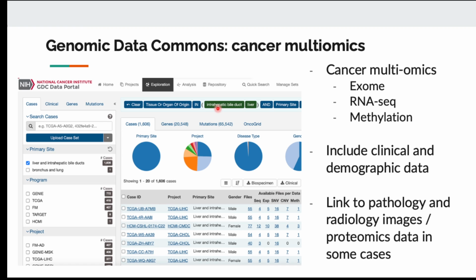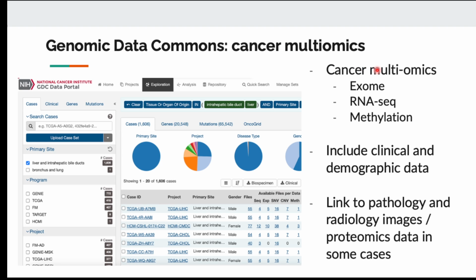Okay. But if you want the raw data for cancer, in the US there is the Genomic Data Commons that collects major cancer studies, usually the ones funded by the NIH. If you get funded, you are obligated to make your data available on the Genomic Data Commons platform. This is a federal platform that is available to the public.